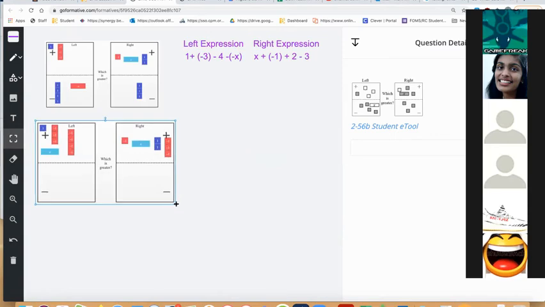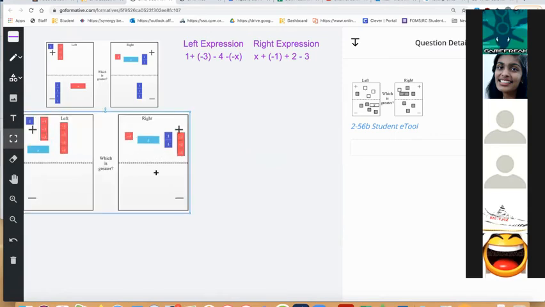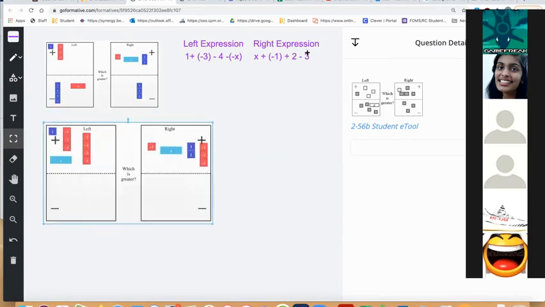Now, what is the equation? What is the expression now? First of all, actually, what did I do to my expression to change it? What was my simplifying move that I did? Anybody tell me? Oh, Sophia's got it in there.